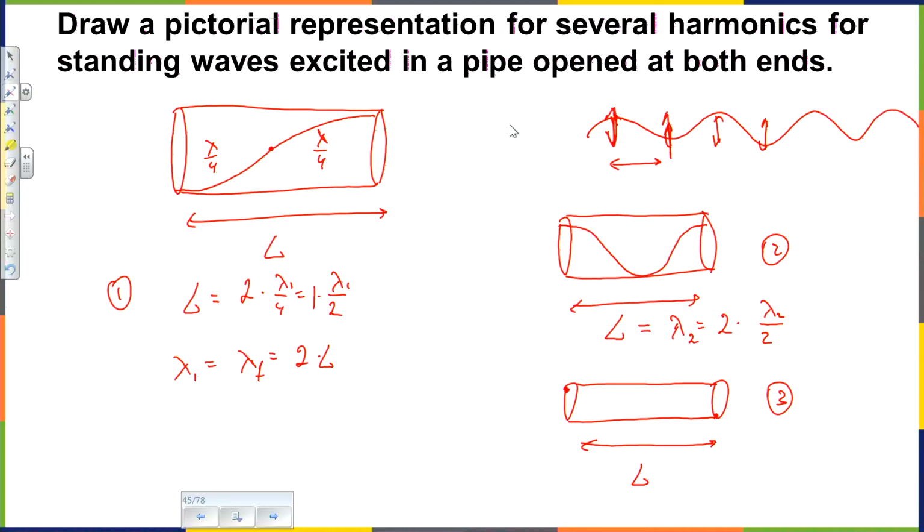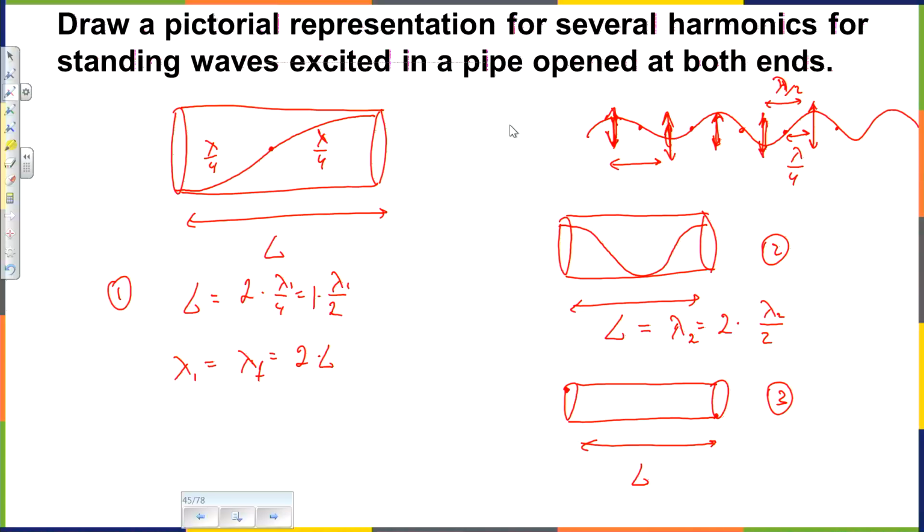Antinodes, antinodes, a node, a node, an antinode, a node, an antinode, a node, an antinode, a node. That's the general structure of any standing wave. A node, antinode, a node, antinode. That's always a quarter of a wavelength. That's always a half of a wavelength. We're just adding halves.